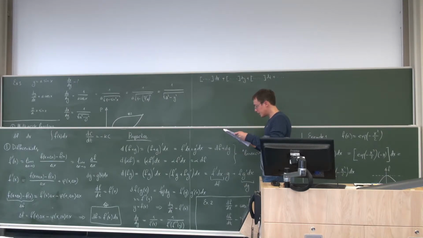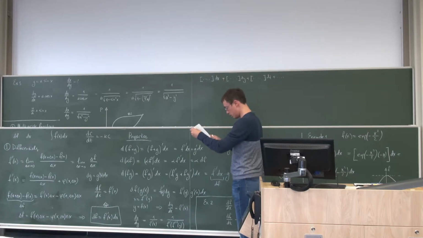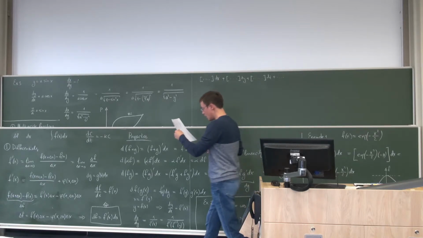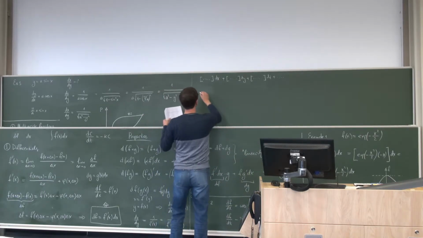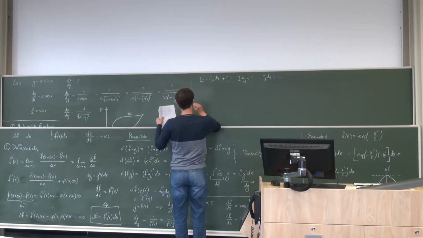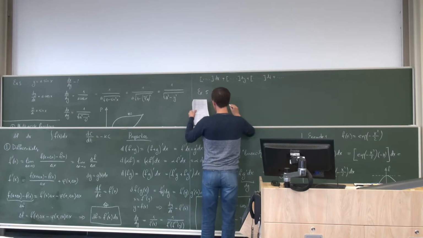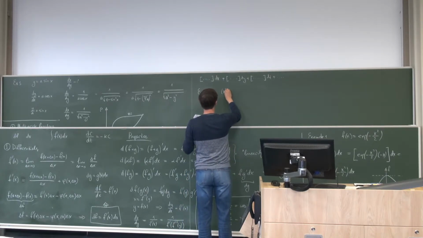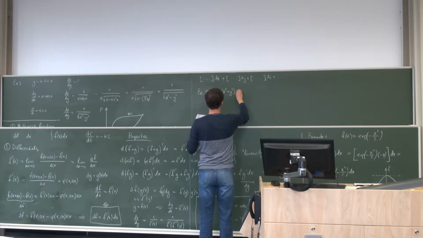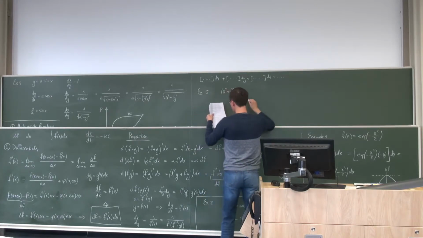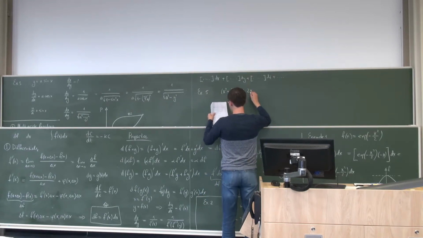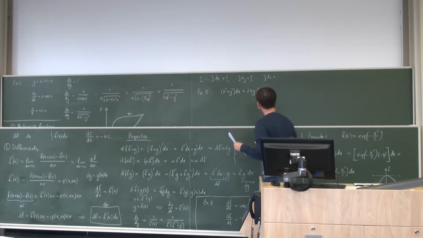I've got a couple of examples here in your handout. It's actually example 5, and then I will explain what that means. Example 5: we look at (x squared plus y squared) dx plus 2xy dy.